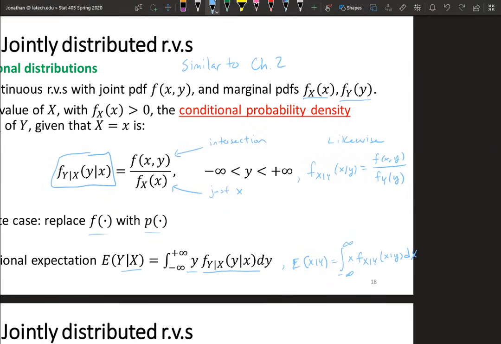So I can do all this for x given y as well. So it's just conditional probability, very similar to chapter 2. Any questions?